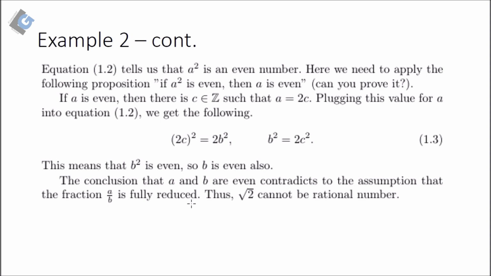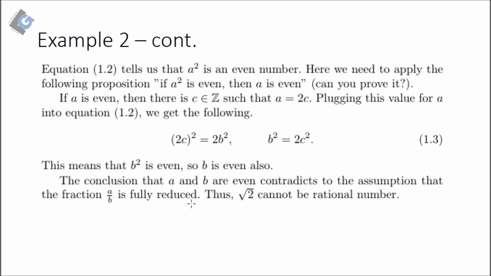By applying this proposition, we get A is also an even number because A squared is an even number, right? Then if A is an even number, there is another integer C such that A equals 2 multiplied by C, because A is an even number.